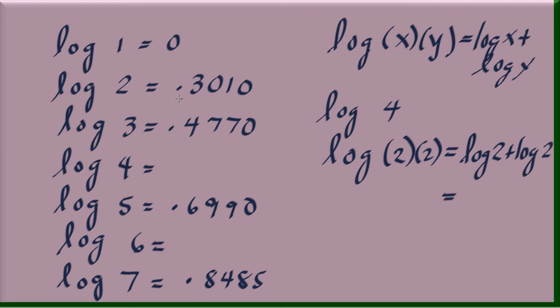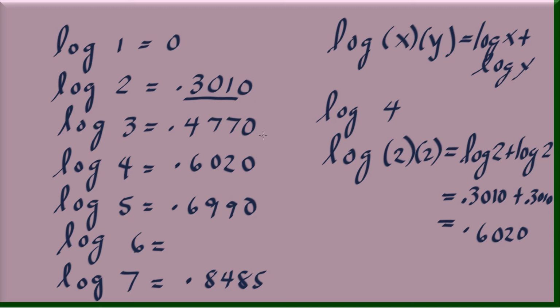Log 2 here is 0.3010, plus another 0.3010. So that is going to be 0.6020. That will be our log 4, 0.6020, and you can verify that using your calculator. Log 4 is going to be that number.